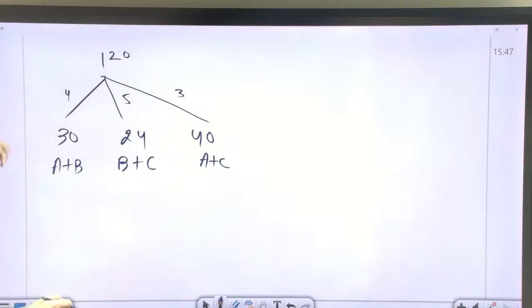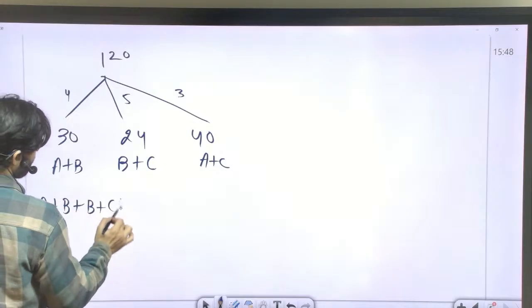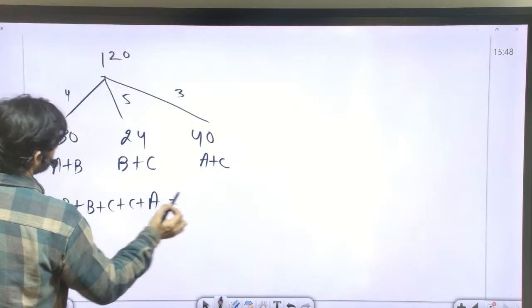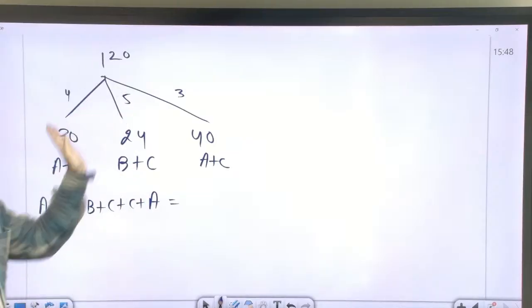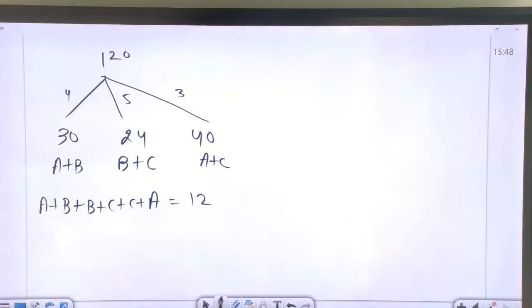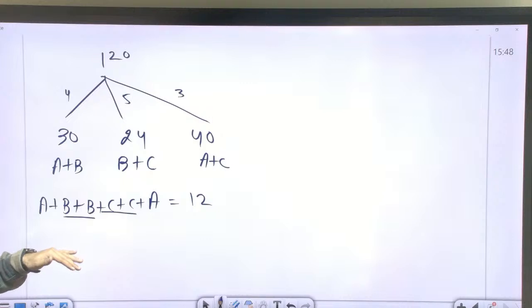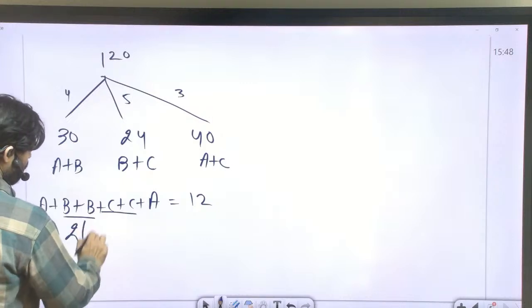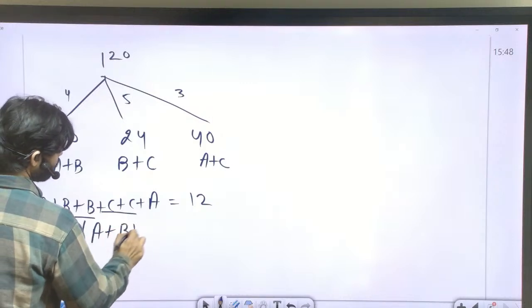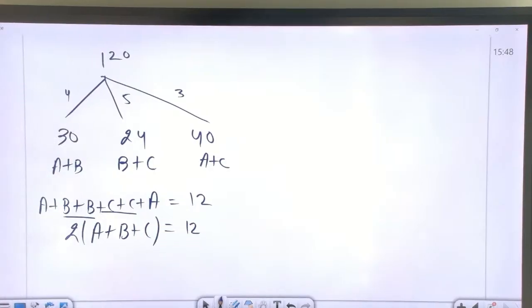Okay, then now if we add this A plus B, B plus C and C plus A, what are we getting? 4 plus 5, that is 9, plus 3, that is 12. If you observe it carefully, we have 2 times B, 2 times C and 2 times A. Take 2 as common. Any problem in this?